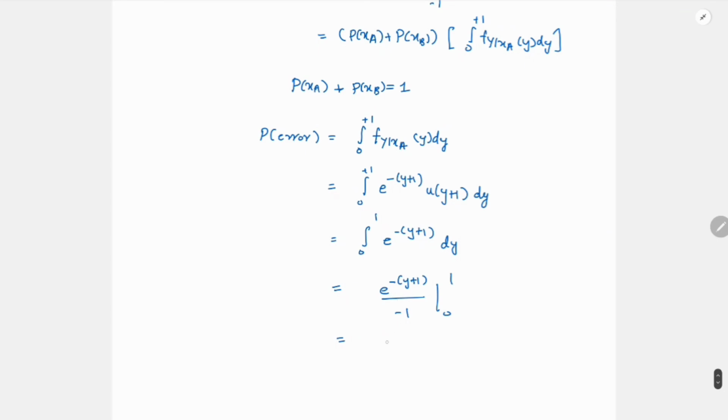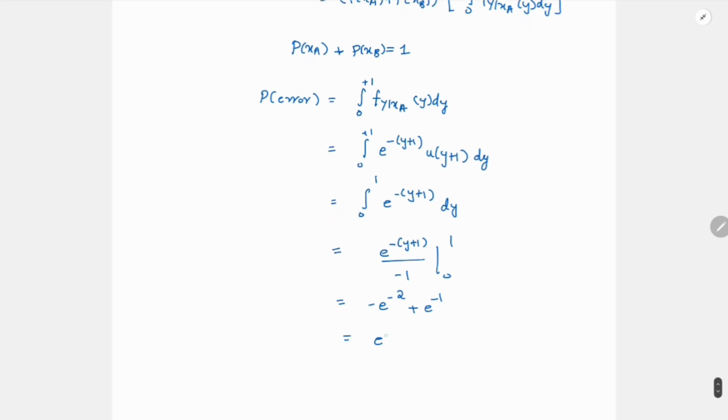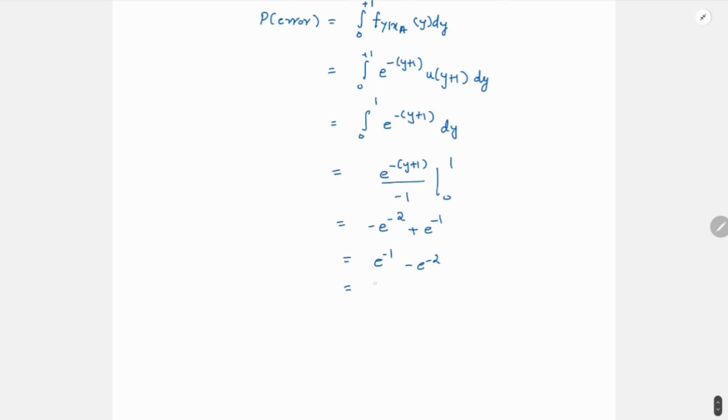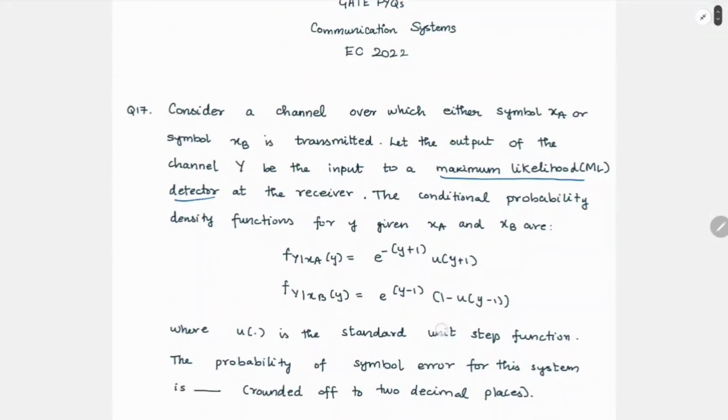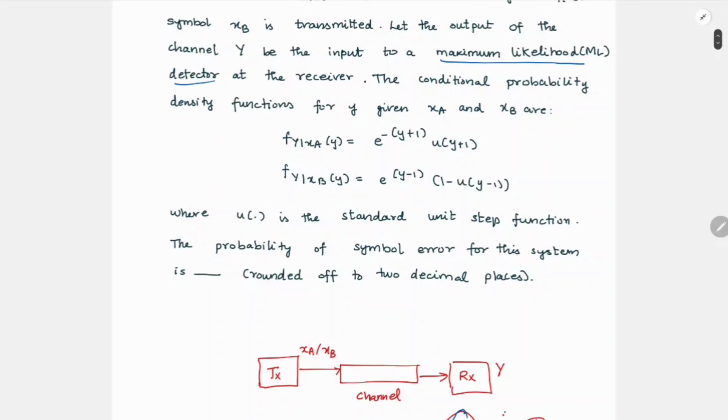So this is nothing but e power minus 1 minus e power minus 2. You can calculate this using your calculator, and this comes out to be 0.2325. They will be asking to round off to 2 decimal places, so it is just 0.23. Okay.